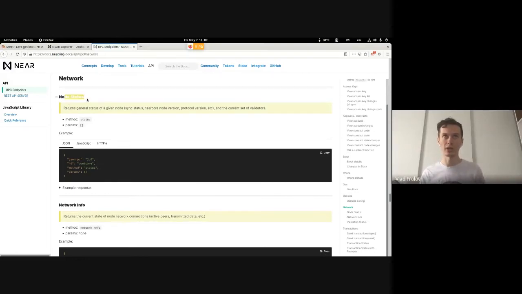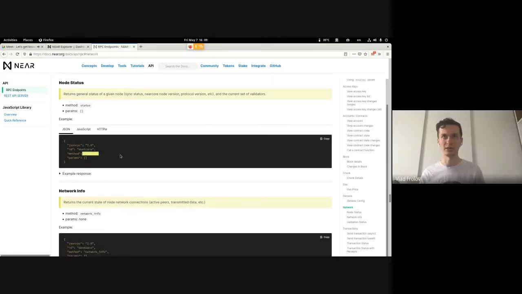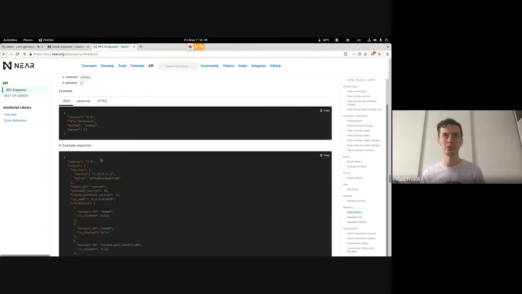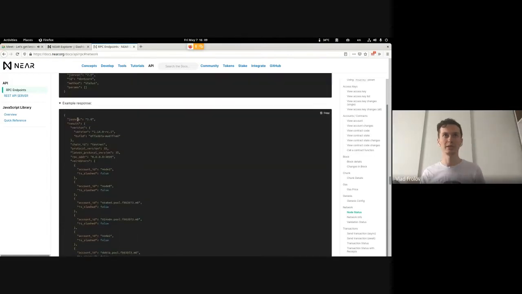So there is a node status. You can use RPC to query a single node about its state.